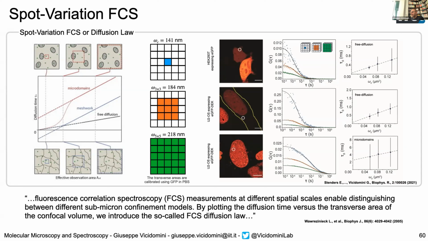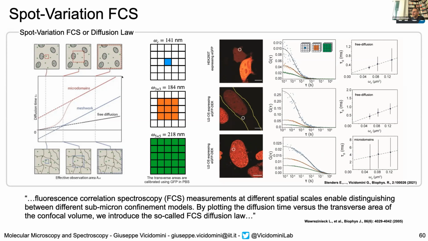This other example is more interesting, because here we are studying the diffusion of a protein that is well known to interact with the DNA. If we measure the diffusion outside the nucleus in the cytoplasm, again we observe a free diffusion. But if we measure the diffusion law inside the nucleus, now we can see that the diffusion is not anymore following a free diffusion, but is following a microdomain behavior.